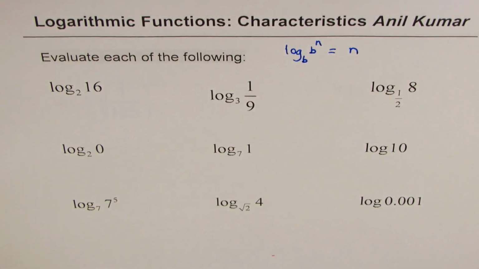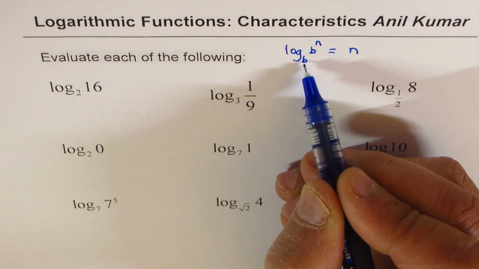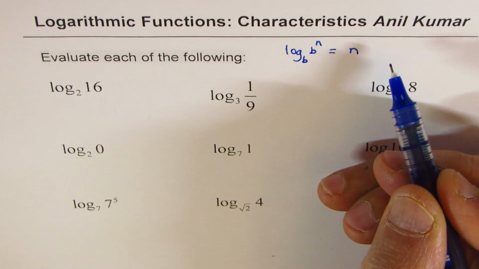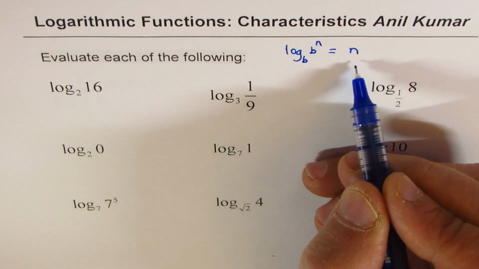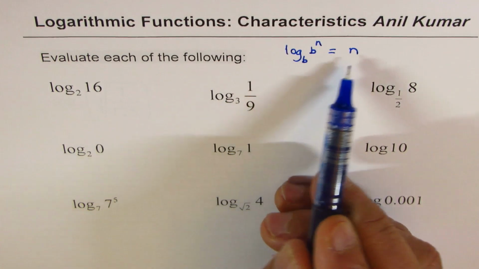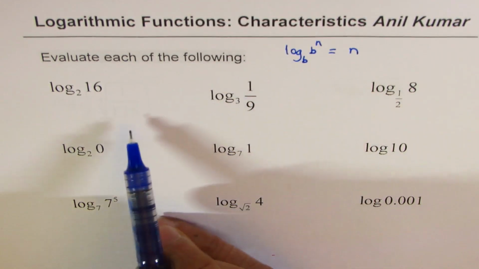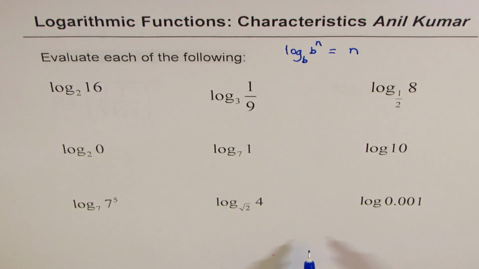That is the value. So log to the base b of b is always 1, correct? So we get this as the result, and that is the property which will be utilized to evaluate logarithms in this particular exercise, and you can always do it, right?